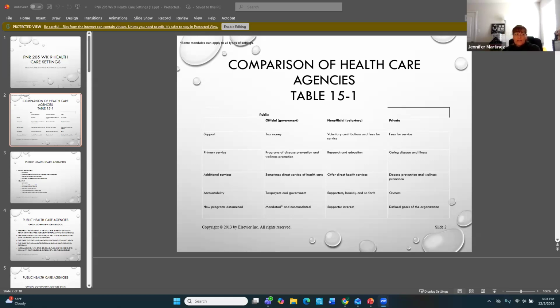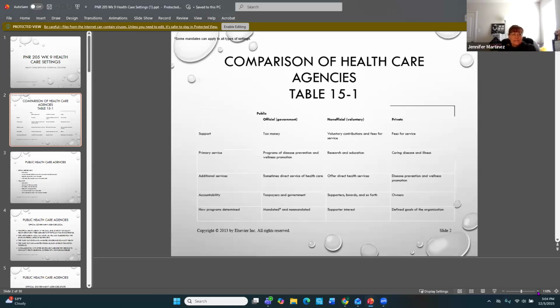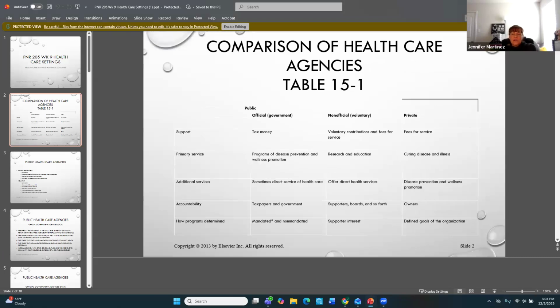So this chart is in your text, I believe, and it just outlines the differences between the public and the private healthcare agencies. I need to make this a little bit bigger for myself.